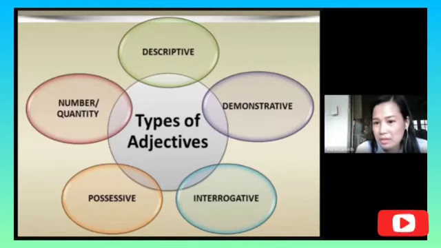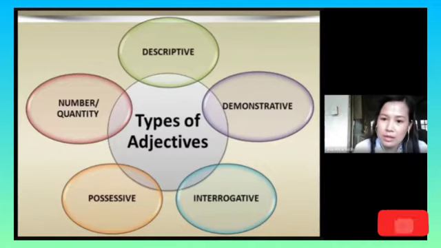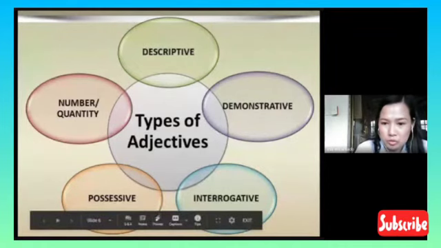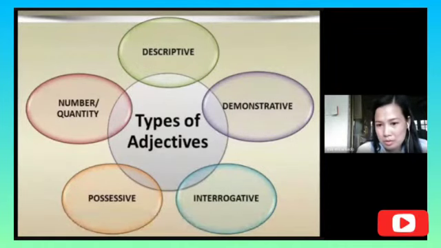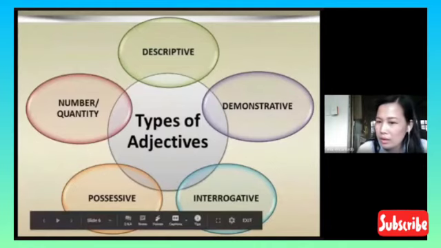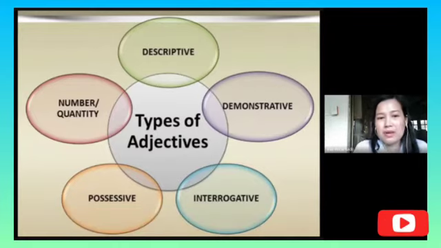When we say demonstrative, you use the words this, those, that, diba? It is used to point out something. Interrogative, ask questions, diba? Which apples? Which dress? What dog? Mga ganyan. Possessive is the ownership, diba? Halimbawa, possessive, my father.